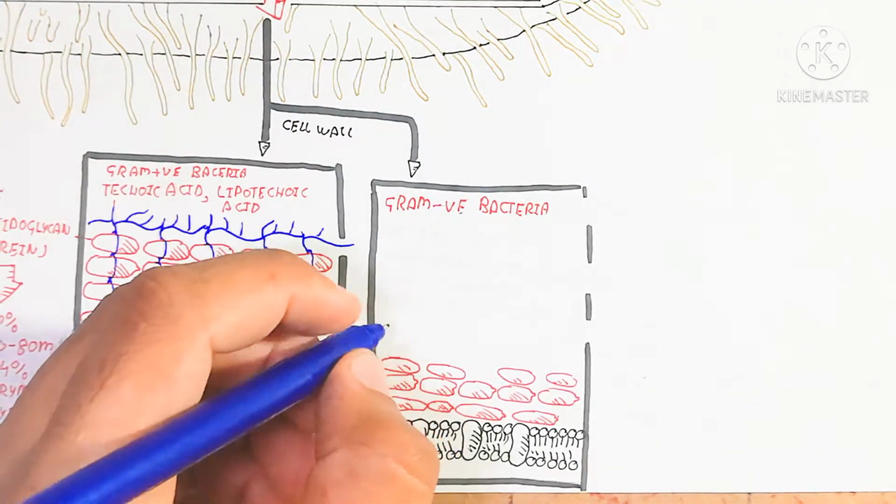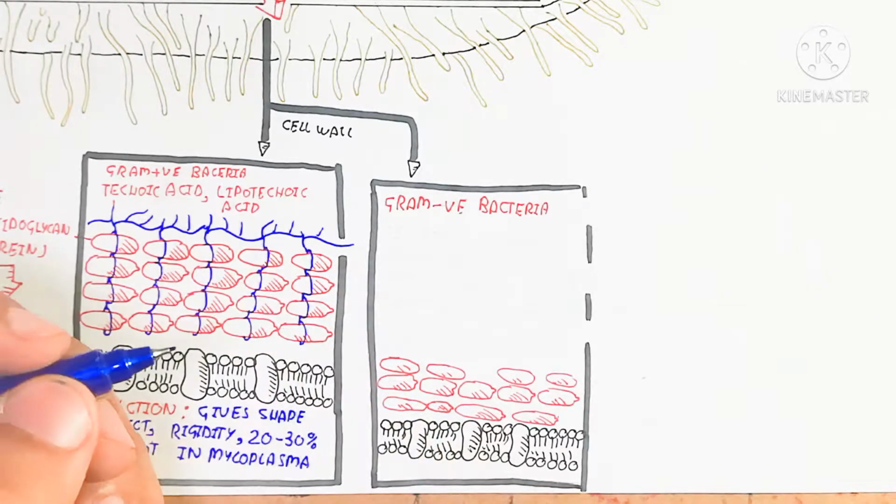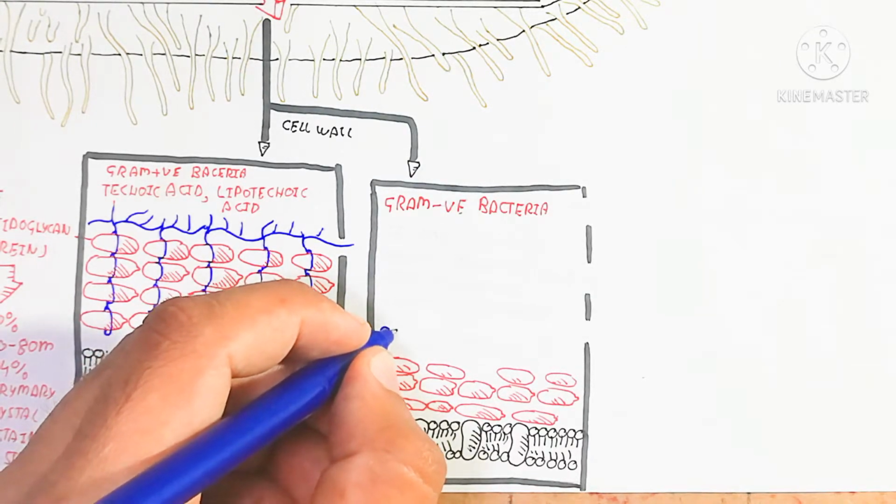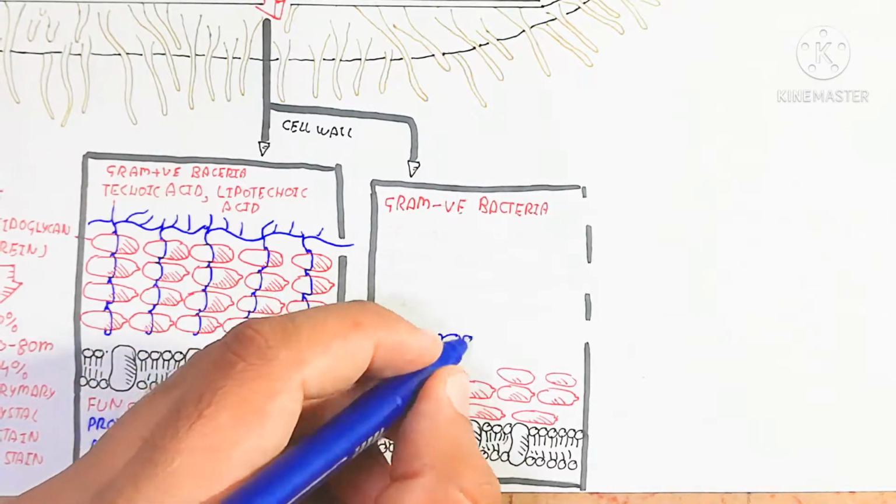While here is the gram-negative bacteria, which contains a peptidoglycan that is not a thick wall but a thin wall.